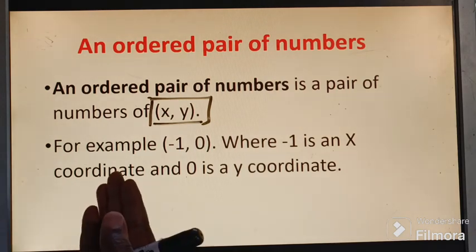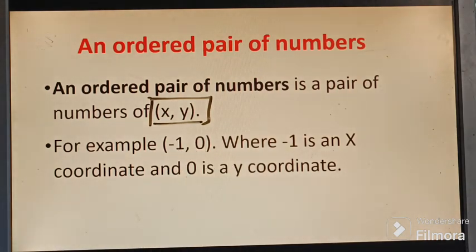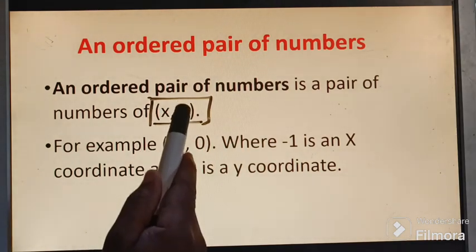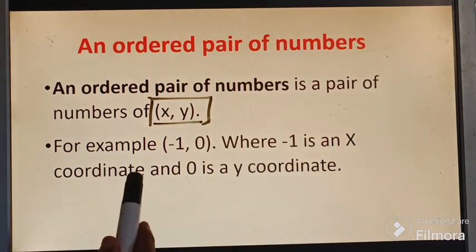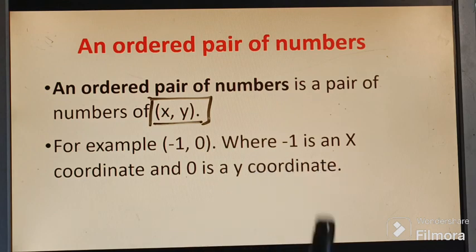For example, we write (-1, 0), where -1 is the x coordinate and 0 is the y coordinate. So this is not strange to us.